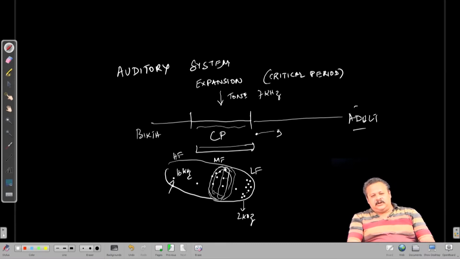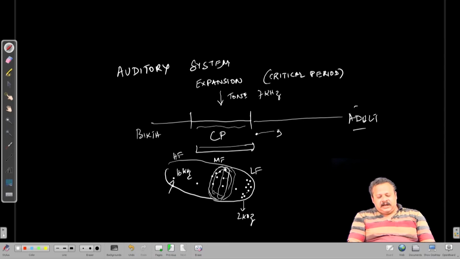That is, in terms of the tonotopy, the representation of other frequencies neighboring to 7 kilohertz get reduced, while the 7 kilohertz expands at the cost of that reduction, and further away there are no changes.